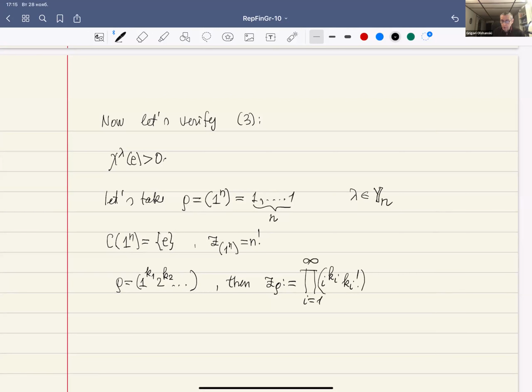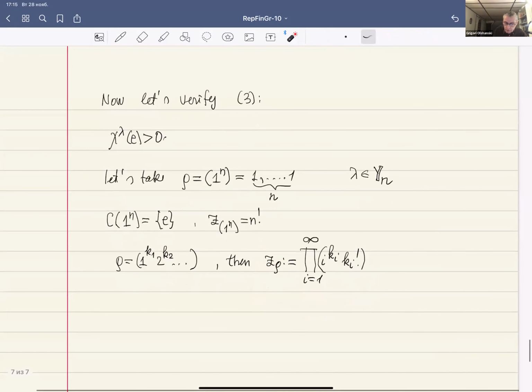This product is actually finite, because almost all these numbers are equal to 0. So from this general definition, we conclude that we have this equality.